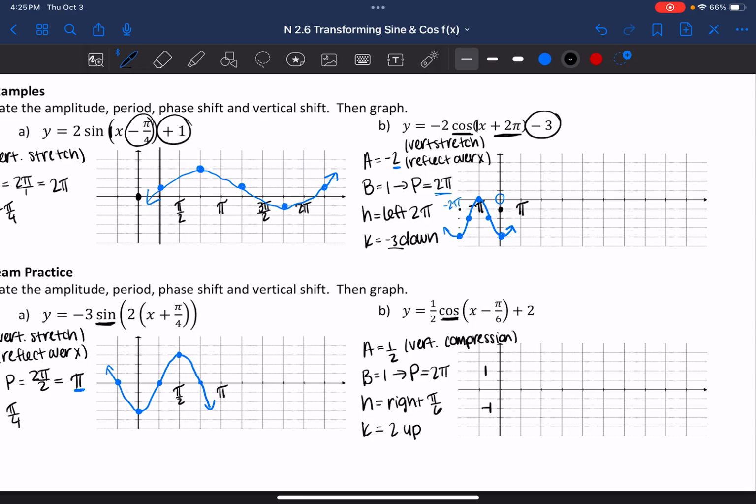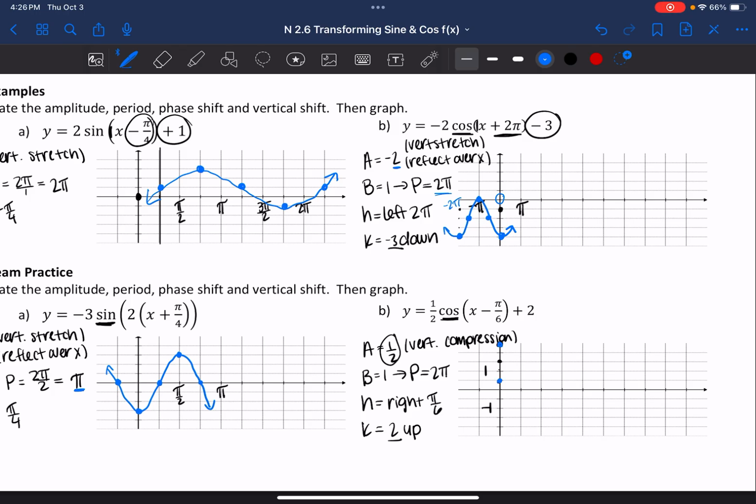All right, so cosine would normally start at 0, 1, but we do have a compression of 1/2, so 1/2 of 1 would have been here, but then I also have it being shifted up 2 units. So up 1 unit would put me here at 1.5. Up another unit would put me up here at 2.5. So 1/2 plus 2 is 2.5.